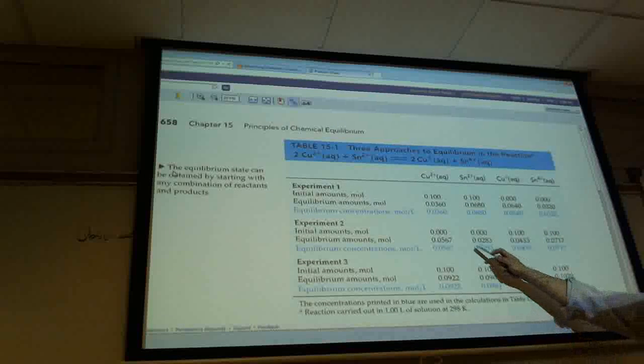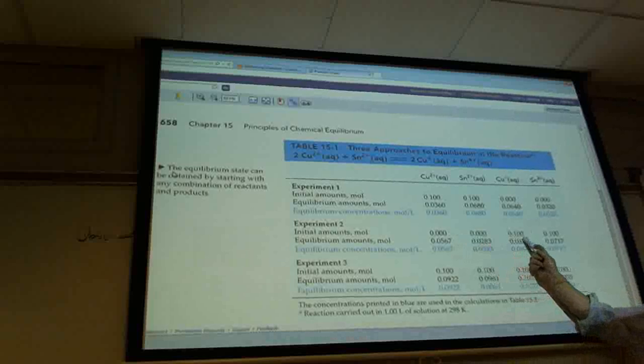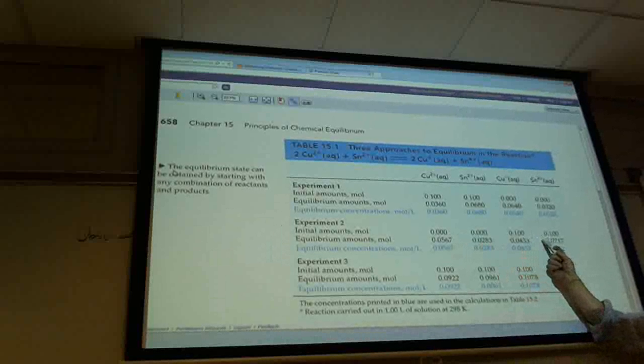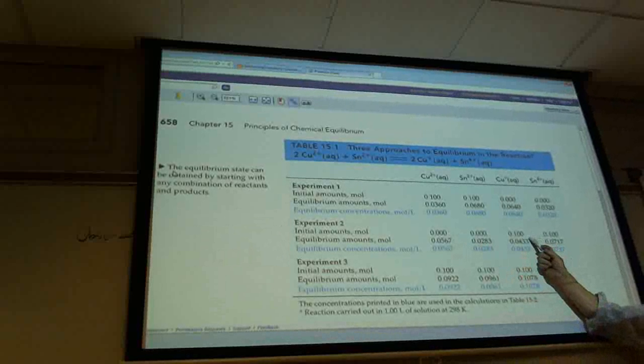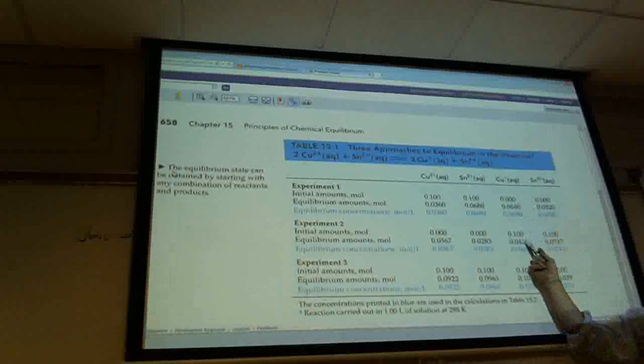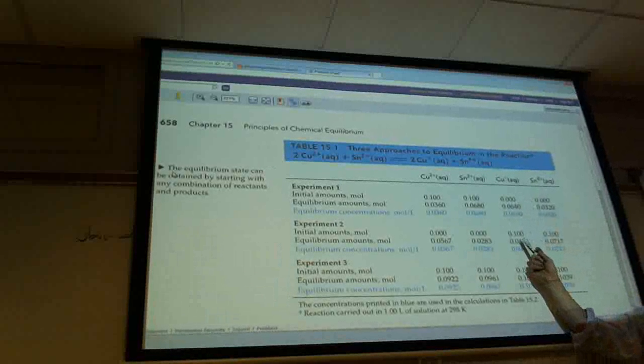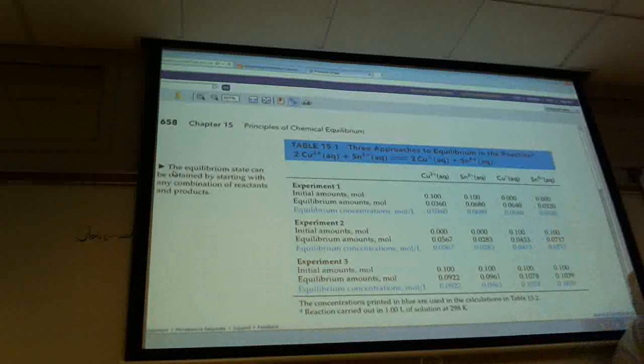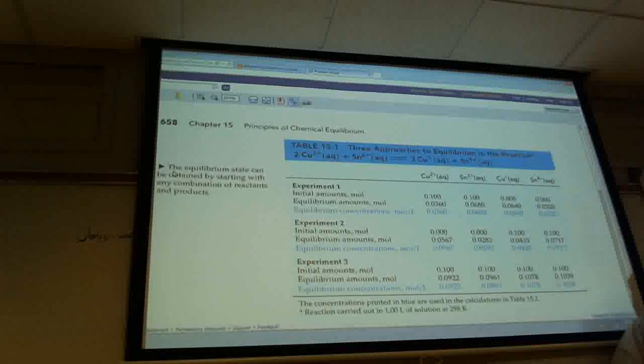I'm starting off with 0 reactants and all product. So again, the limiting reactant is copper because I need twice as much copper as tin, and I don't have it. This is the limiting reactant. How much reaction occurred going backwards?